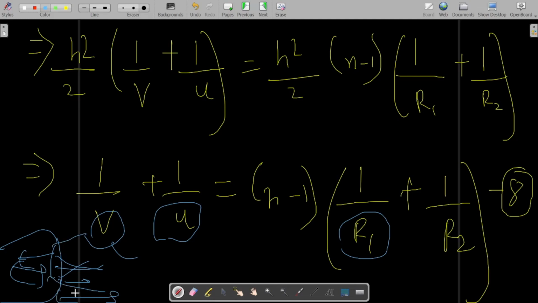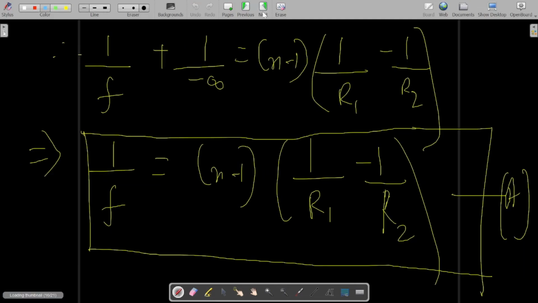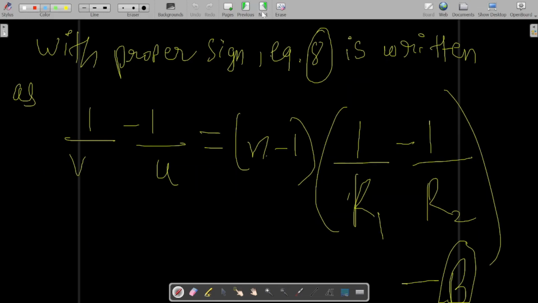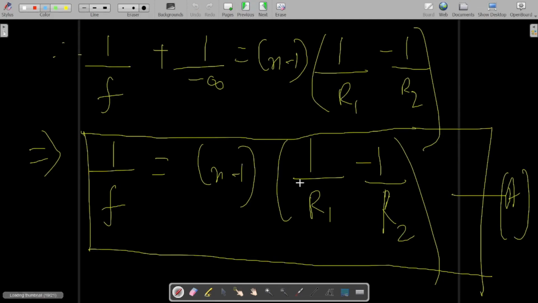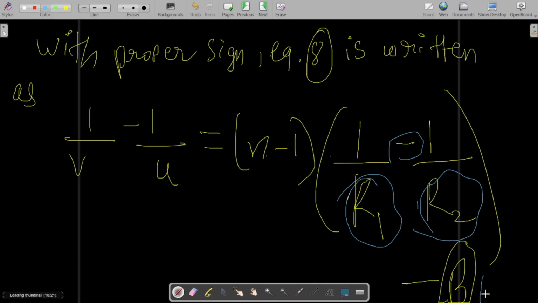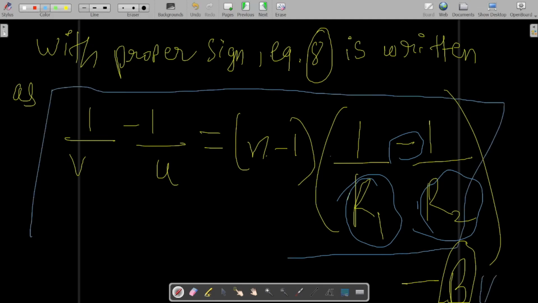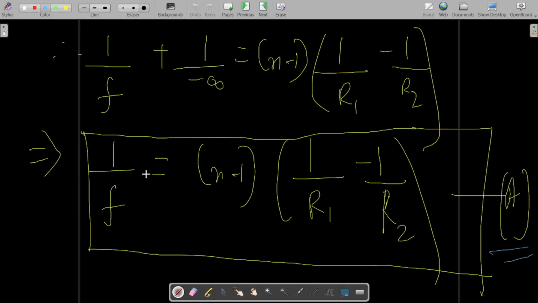R1 will be positive and R2 will be negative. So now look at this equation a, in the yellow box, and this particular equation b.